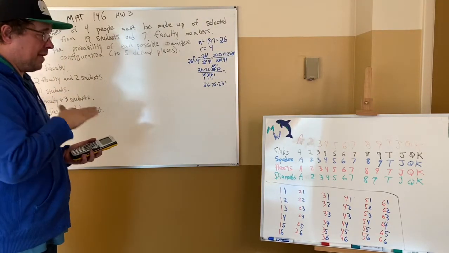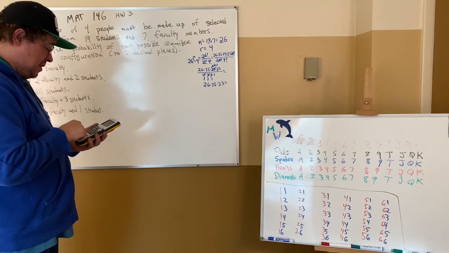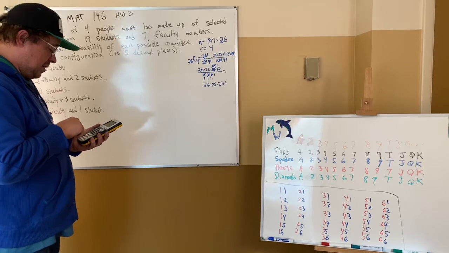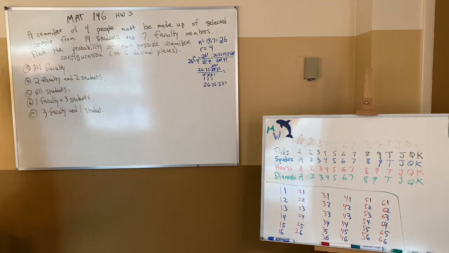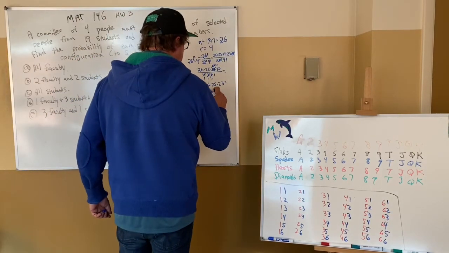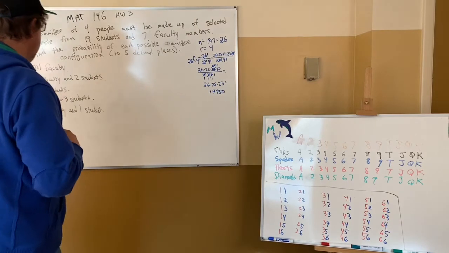That's about people, not about who's what kind of person. So 26 times 25 times 23 is 14,950. It's the denominator of each one of these.